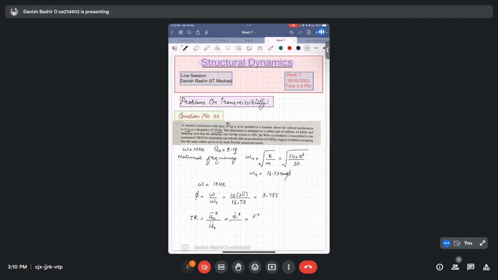So you have to use the same concept: u dot naught here, or P naught here, the maximum amplitude of the forcing force being applied.